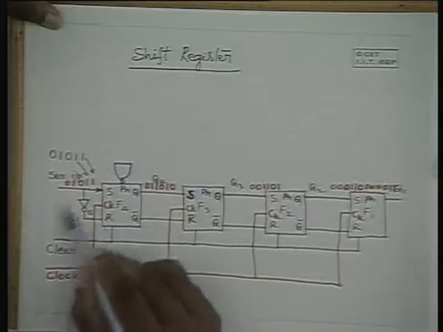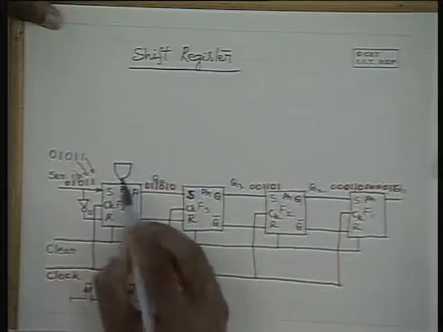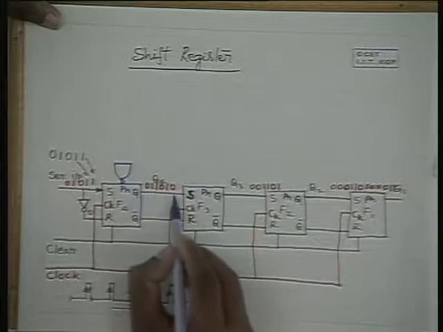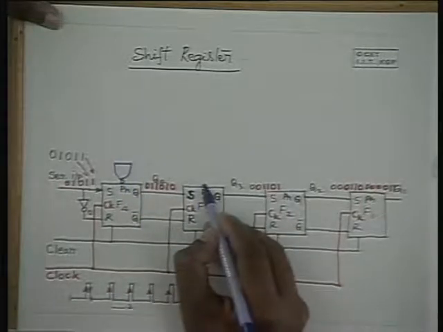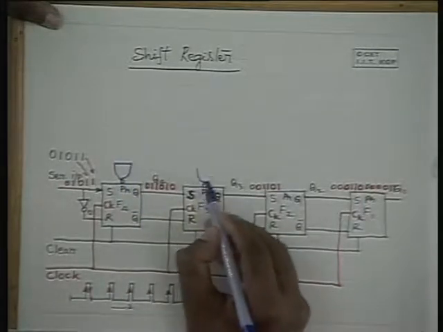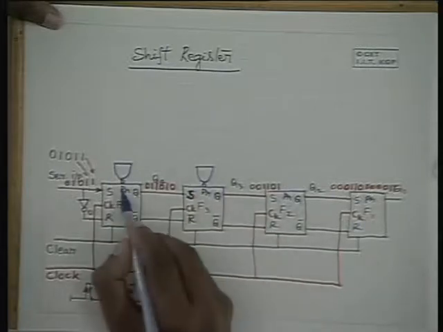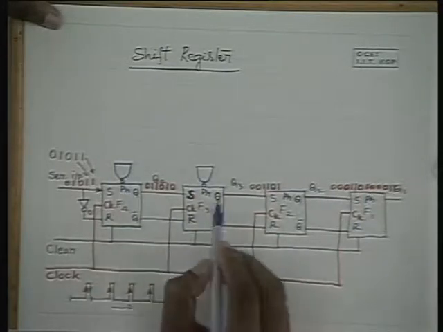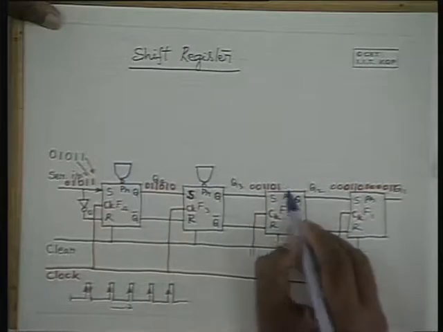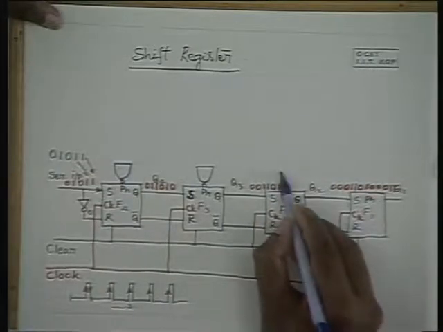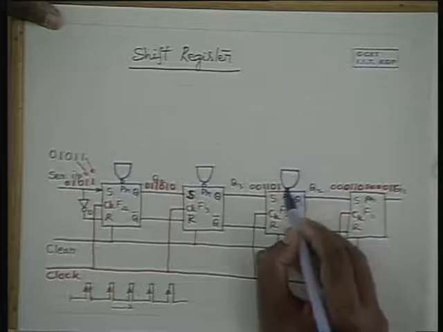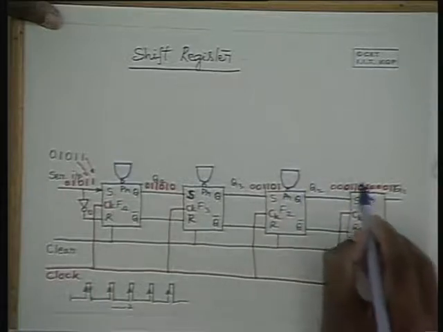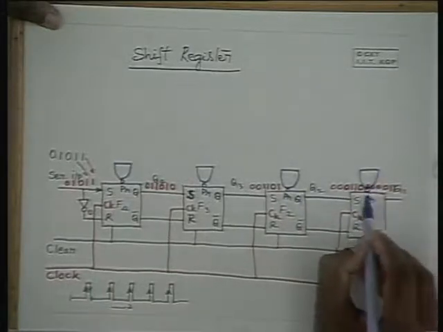Hence, irrespective of the conditions at the input, the moment a 0 appears here, this becomes a 1. In some flip-flops, it is sensitive to 1. When the preset input is a 1, the output will be 1. But usually in the SR flip-flops, it is sensitive to logic level 0.